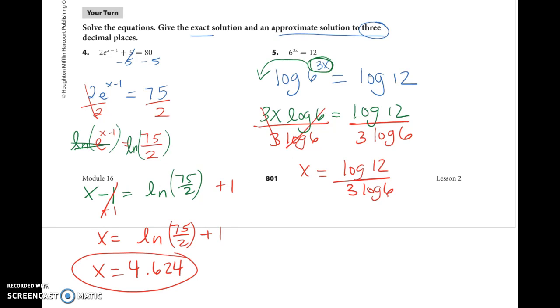And again, we need to plug this into a calculator and get that approximate solution to 3 decimal places. So we get x equals 0.462. There we go. All right, good luck.